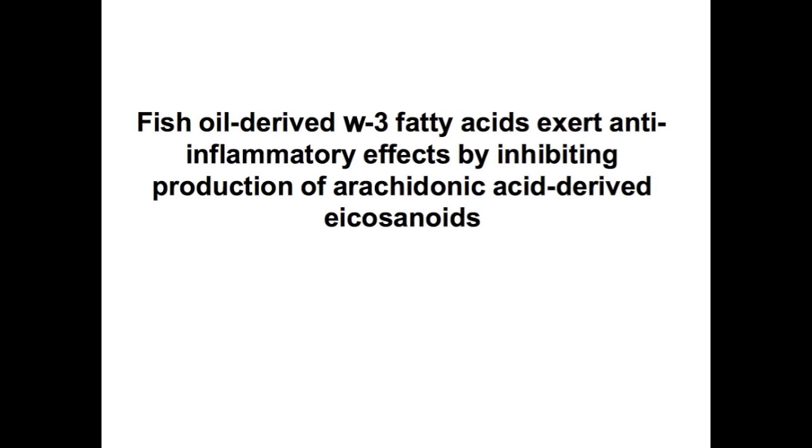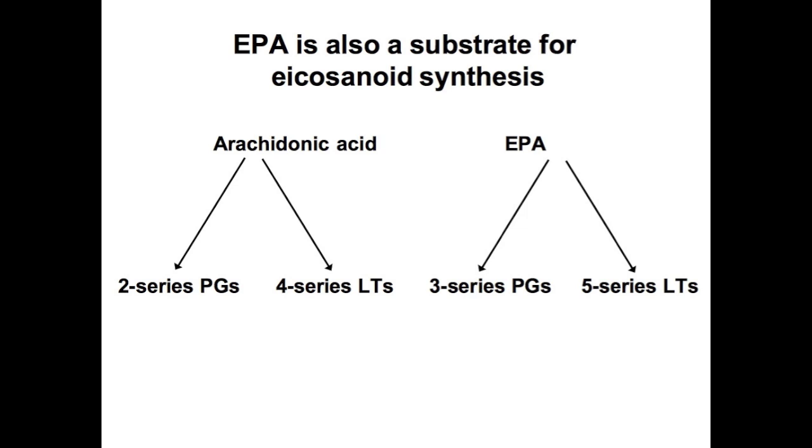This has actually been known for a very long period of time, since the early 1980s. So these fatty acids exert an anti-inflammatory effect by inhibiting the production of these potent eicosanoid chemicals made from arachidonic acid. Now it turns out, because EPA has a similar structure to arachidonic acid, it's also a substrate for cyclooxygenase and lipoxygenase enzymes.